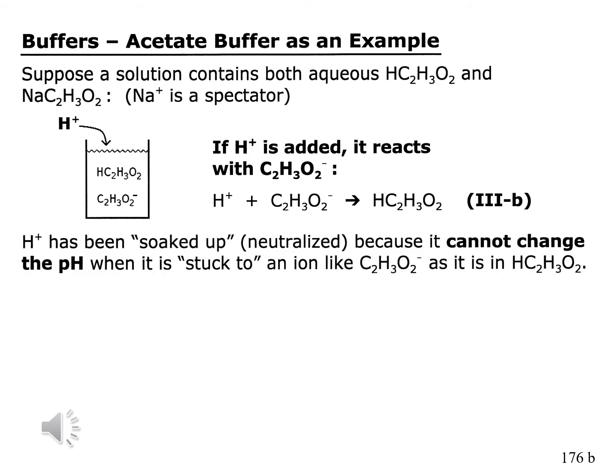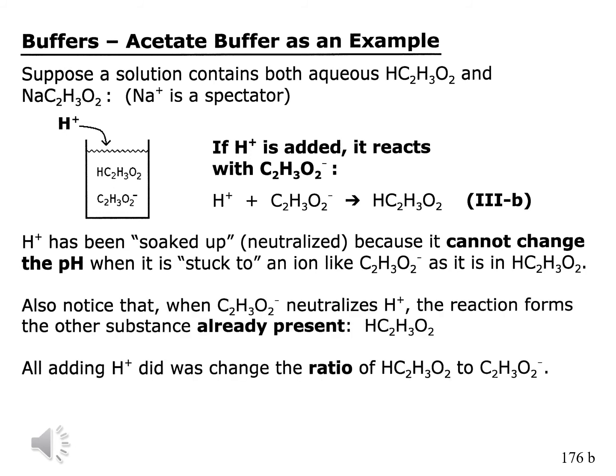Now when that happens, why has the H+ been neutralized or soaked up so that it won't change the pH that much? Well, you know that if H+ sticks to something, it doesn't change the pH anymore. And so H+ sticks and it's been soaked up. The reason why you choose the conjugate base of the same acid is that when the H+ sticks, you produce more of what there already was, which is acetic acid.